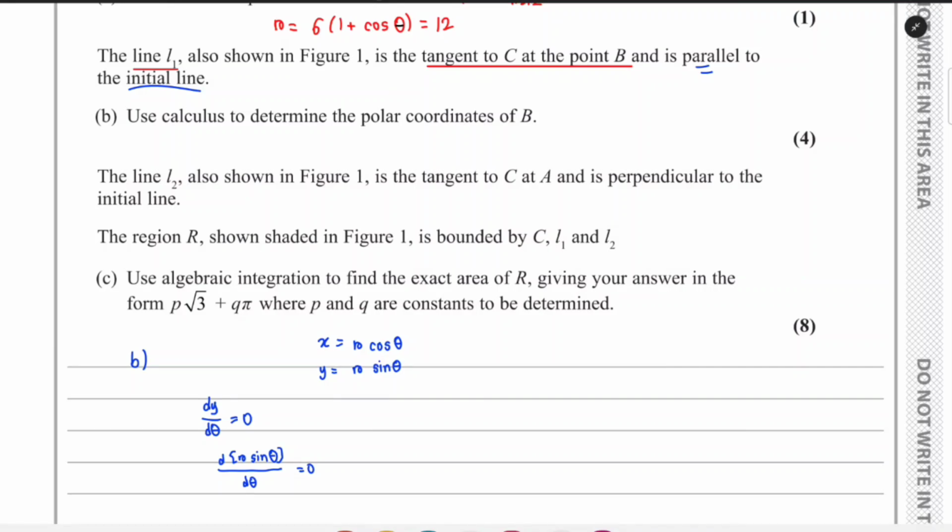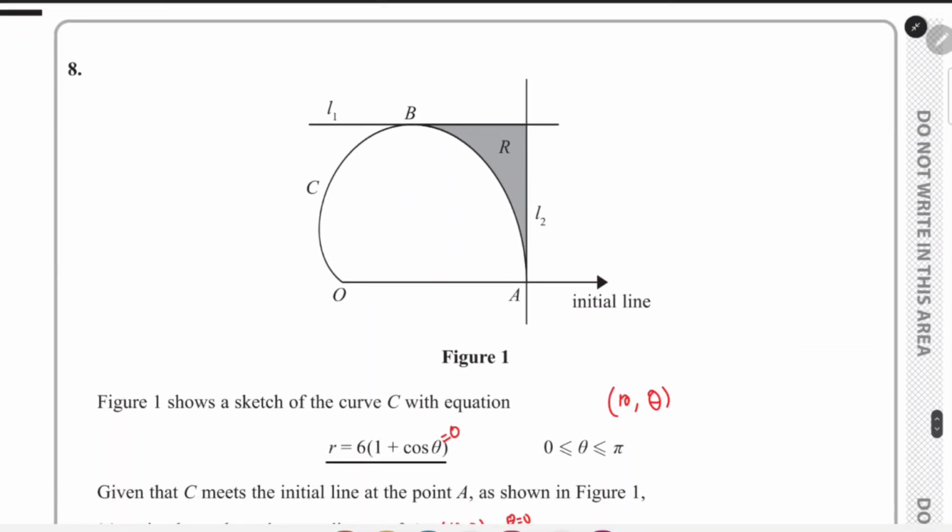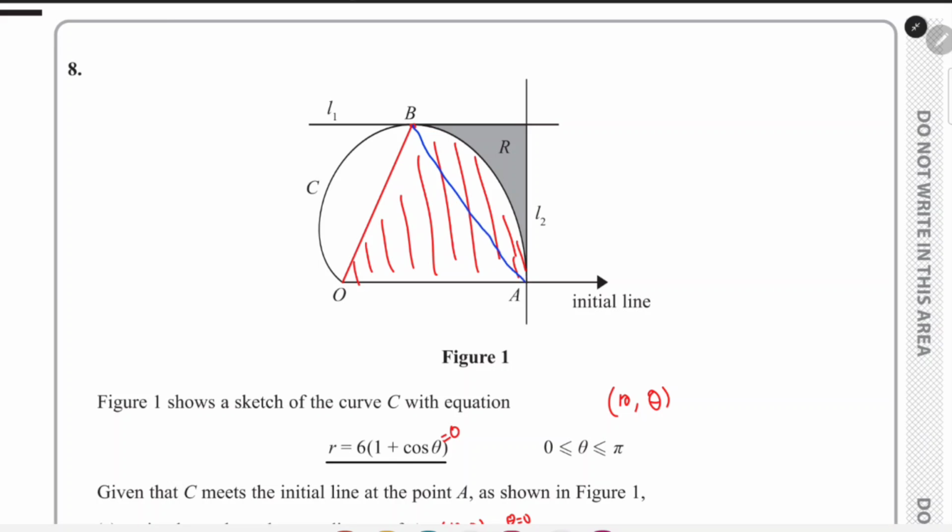Now for part C, we have to find this shaded area R. To do that, I first need to find this area over here of the segment. Using polar integration, you get this sector area, and from this sector area you can subtract this blue triangle's area to get this segment area over here.